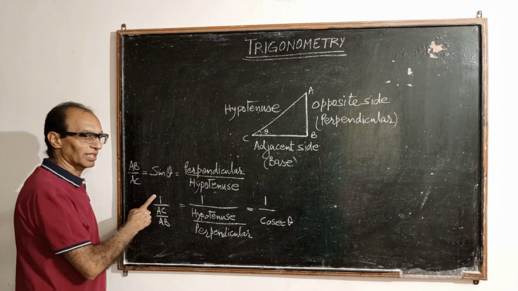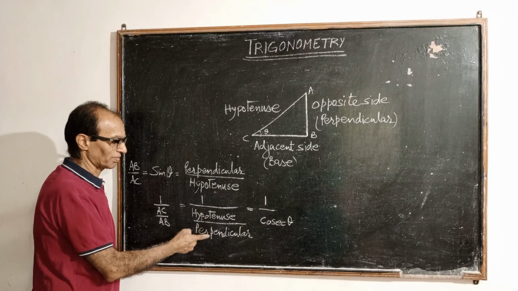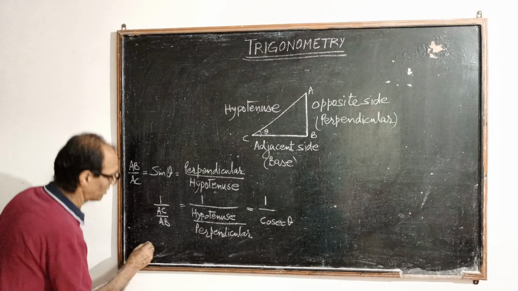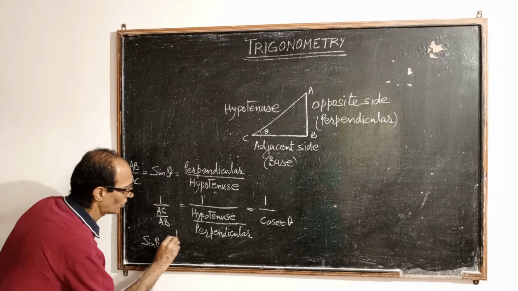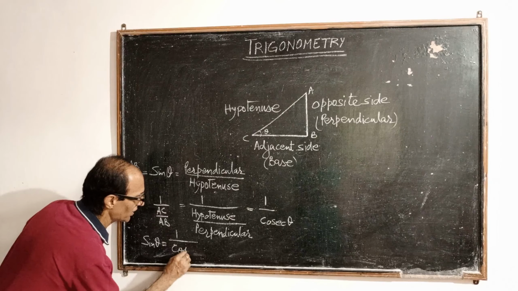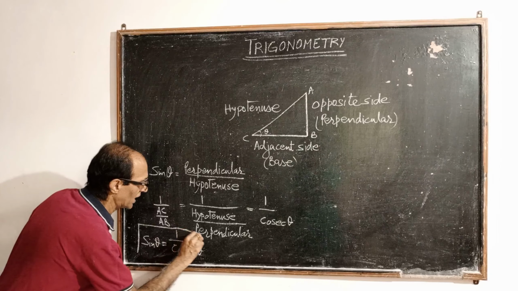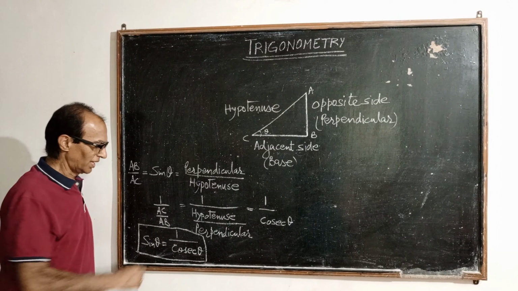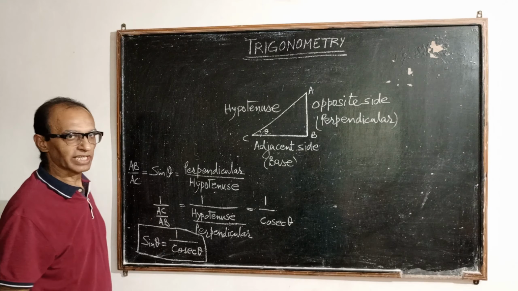So since this is 1 over AC upon AB, this is 1 upon hypotenuse upon perpendicular, this is 1 upon cosecant theta. So that simply means that sine theta is equal to 1 upon cosecant theta. So this is that relationship. Hopefully this is very much clear. Let me work out the second one.